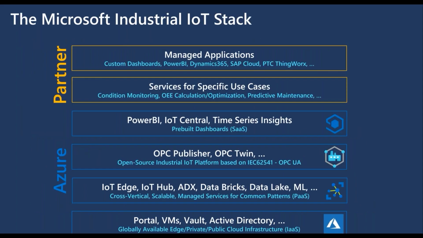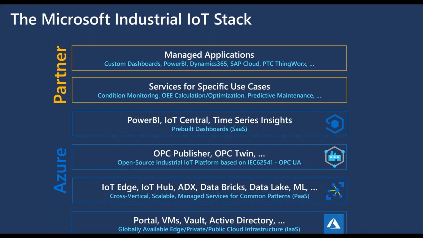Okay, so the Microsoft Industrial IT Stack, not much has changed here. Some of the servers have been updated, but in general, if you haven't seen this before, obviously the Industrial IT Stack is split into layers. At the bottom, you have your infrastructure, your VMs, your networking, your user management, all of that.